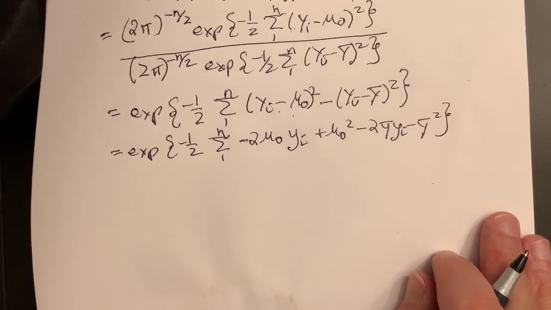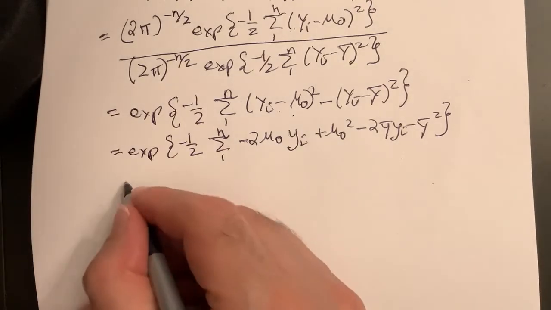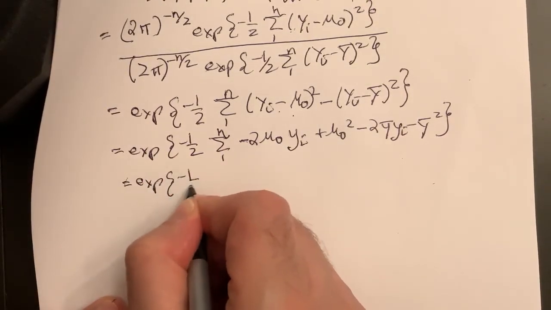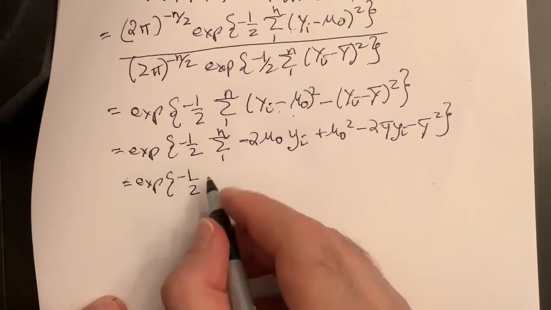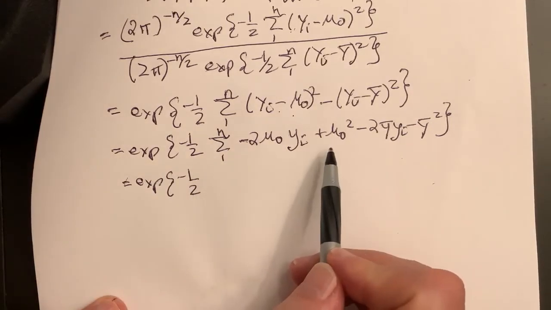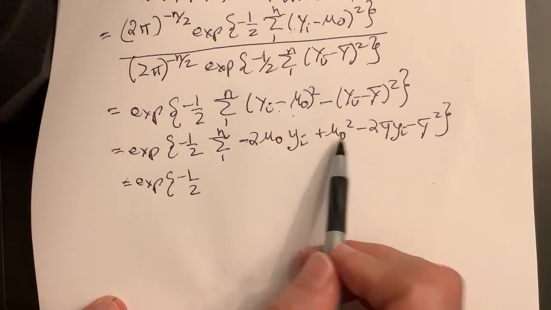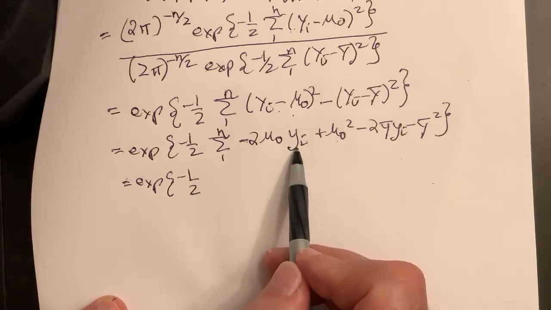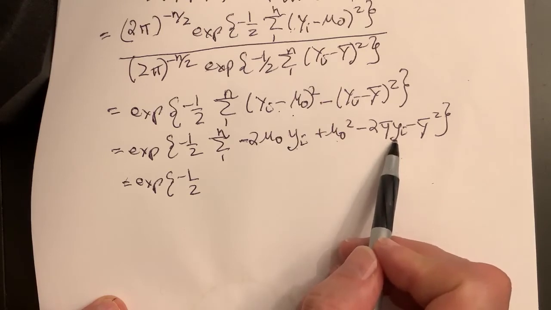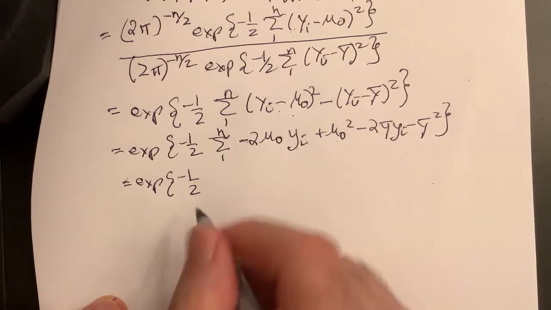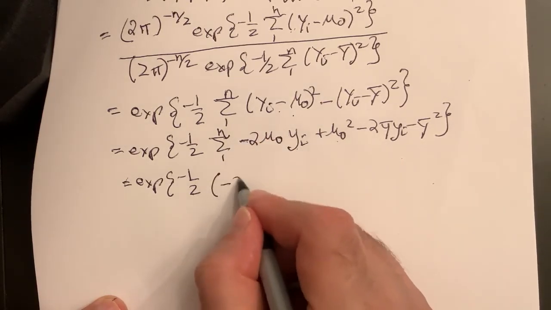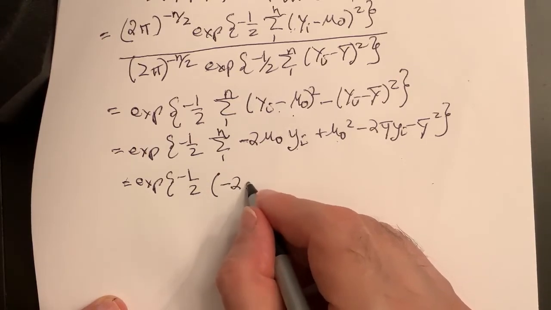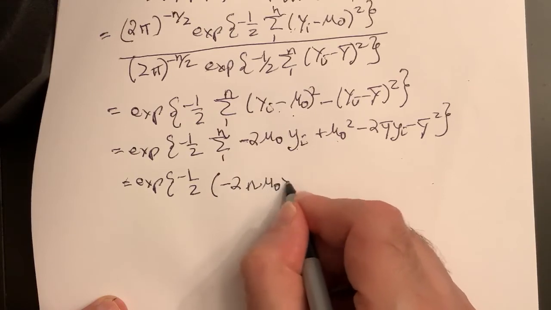Okay, which equals, this is just algebra, I'm afraid, minus a half. Now, let's see. If I apply the sum across here, these are constants, so these are not too bad. These come outside, so I get n y bar here and n y bar here. So the summation's gone, right? I have minus 2n mu 0 y bar.